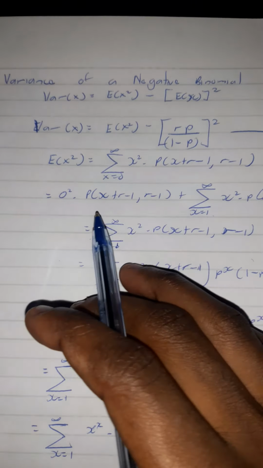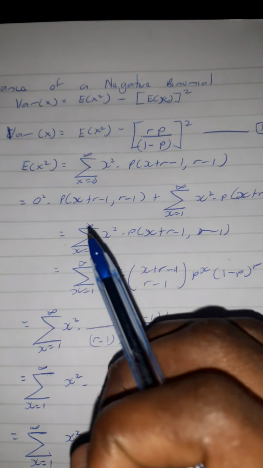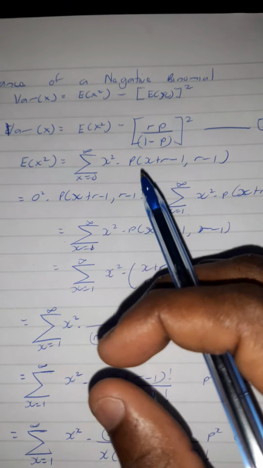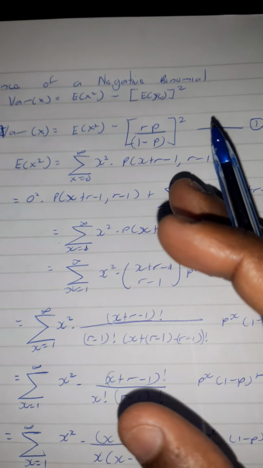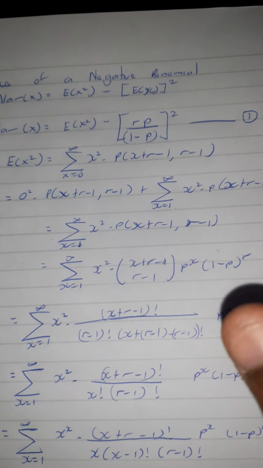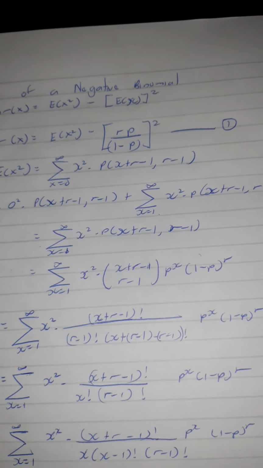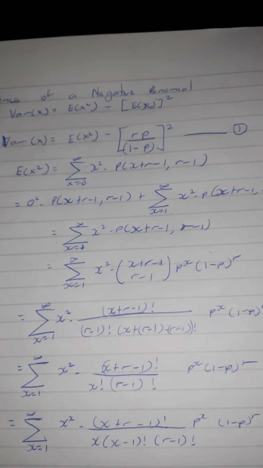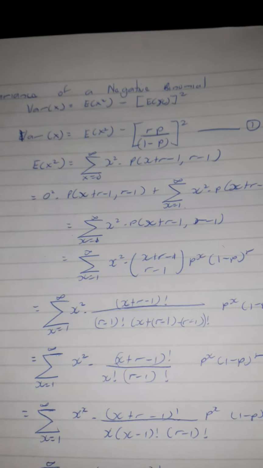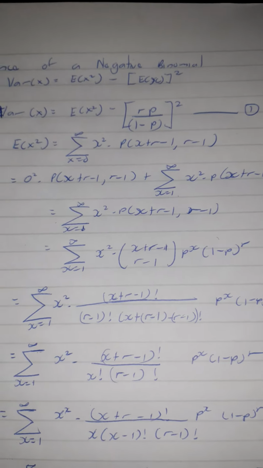So now E of x squared is equal to the summation of x is equal to 0 to infinity, x squared times the formula to get probability of values in a negative binomial.